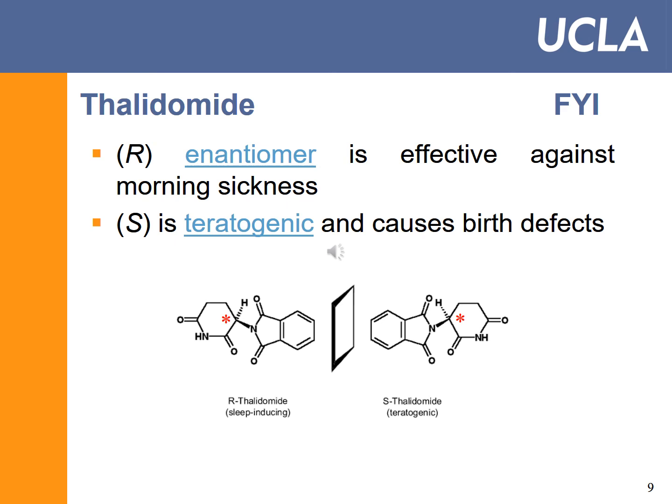But because the benefit of having such a drug in cancer therapy is important, they decided to bring it back to the market, but only the R enantiomer. They realized that the S was the one that was teratogenic and was leading to birth defects.